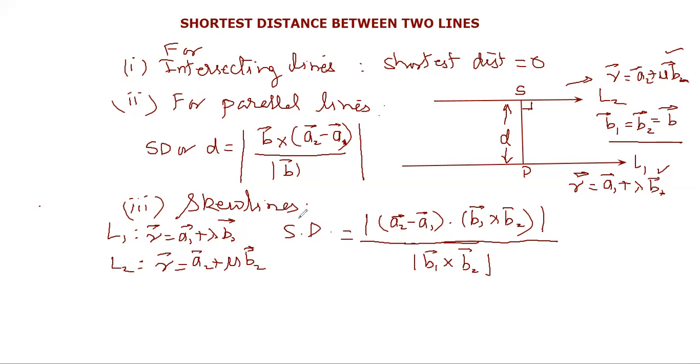Okay, got it. In Cartesian form, this will become a very big, huge formula for finding the shortest distance between two lines.